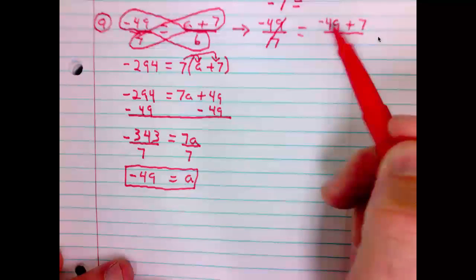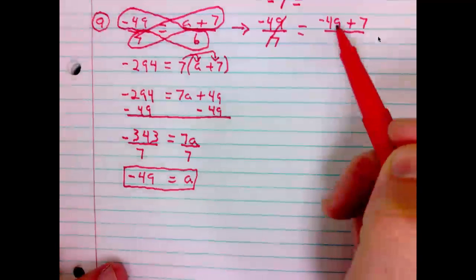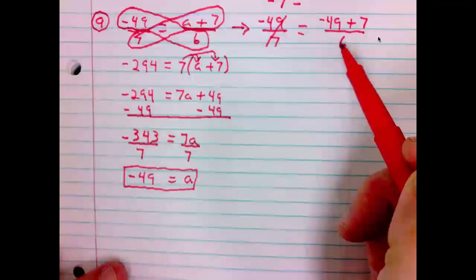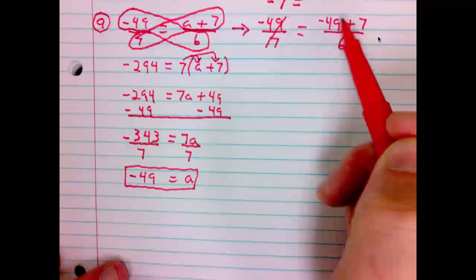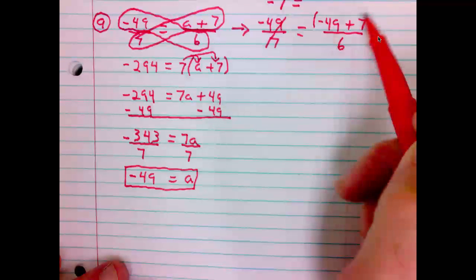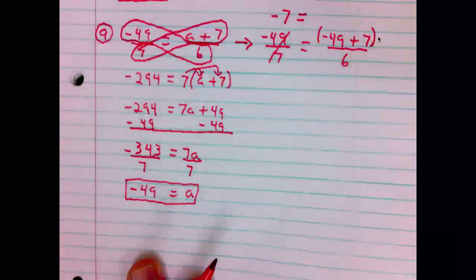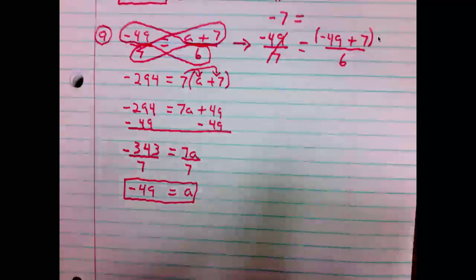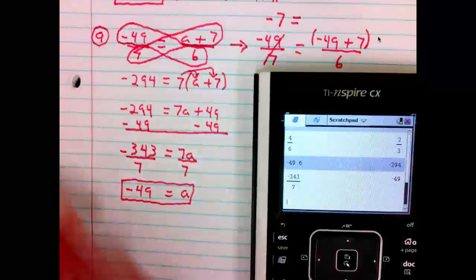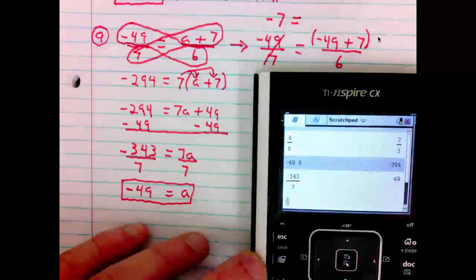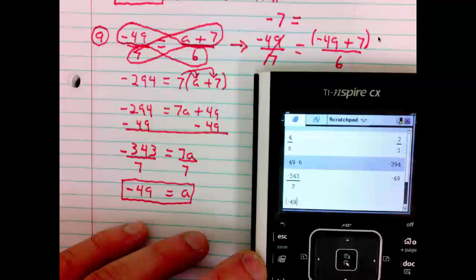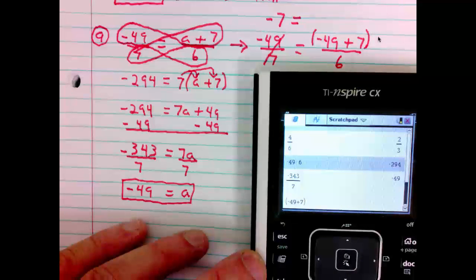Now I will evaluate the right-hand side. Negative 49 plus 7 divided by 6. Since this is in the numerator, I should group it in parentheses when I enter it in my calculator. So, open parentheses, negative 49 plus 7, close parentheses, divided by 6.